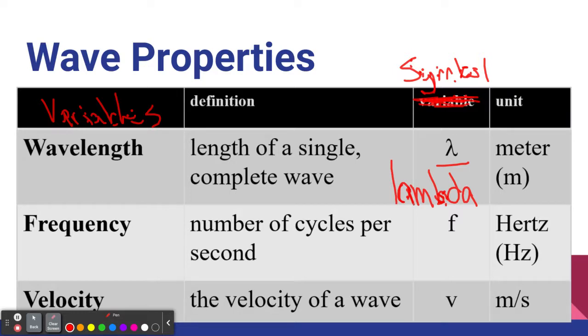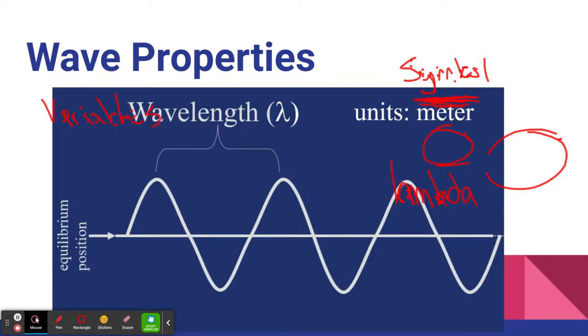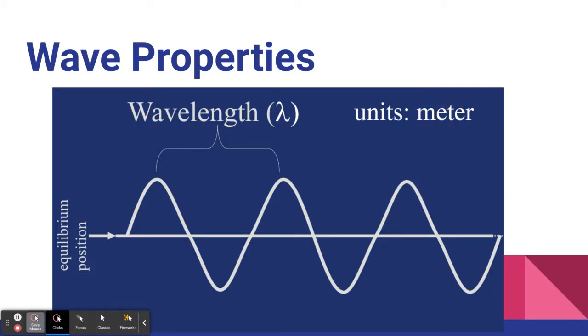So this symbol right here, lambda, is what we use to show wavelength, and we measure wavelength in meters. To reiterate, wavelength is the distance between here and here.